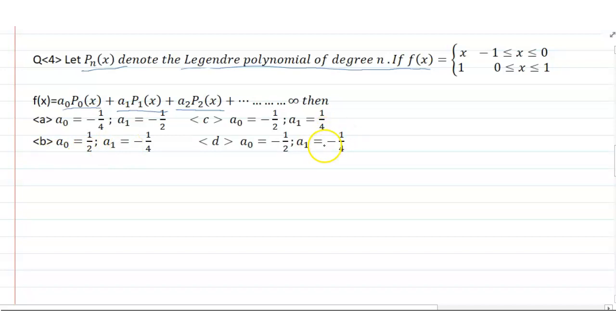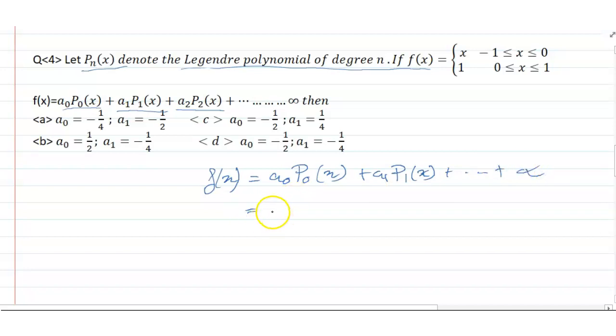So friends, Legendre polynomial, how can I write? I can write fx is equal to a0 p0x plus a1 p1x plus dot dot dot up to infinity.